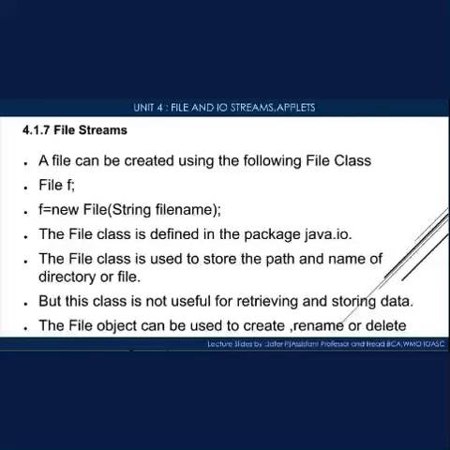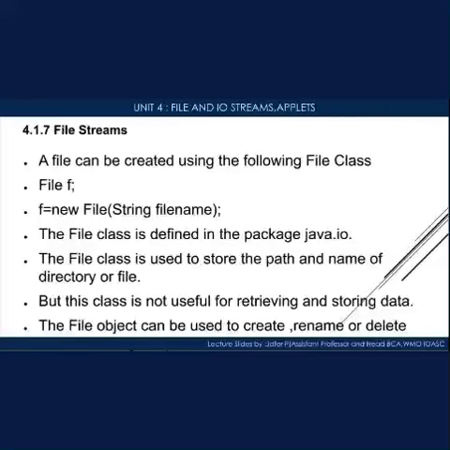The File class is defined in the package java.io, because if you want to implement any operations related to files in Java, you have to import a package called java.io before doing all these operations. So the default package for file operation or all input-output operation is java.io.